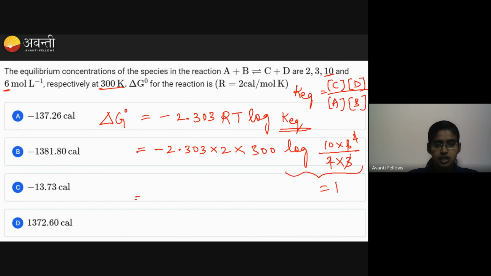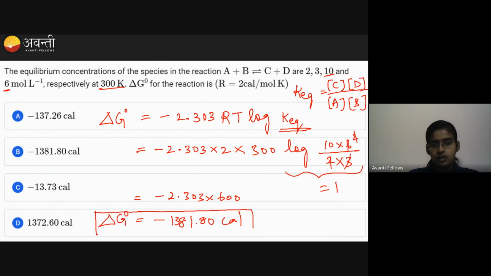So 2.303 into 600 we are having. So it is equal to minus 1381.80 calorie. Delta G naught is equal to minus 1381. So option B is the correct answer for this question.